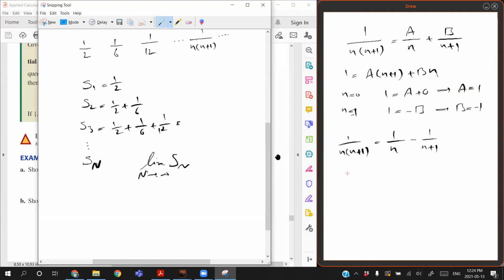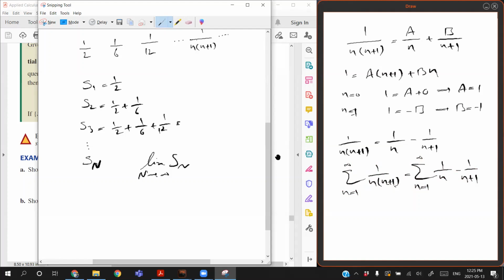So the series that I have here, sigma 1 over n times n plus 1, n from 1 to infinity, is the same as having sigma n from 1 to infinity of 1 over n minus 1 over n plus 1. Right?